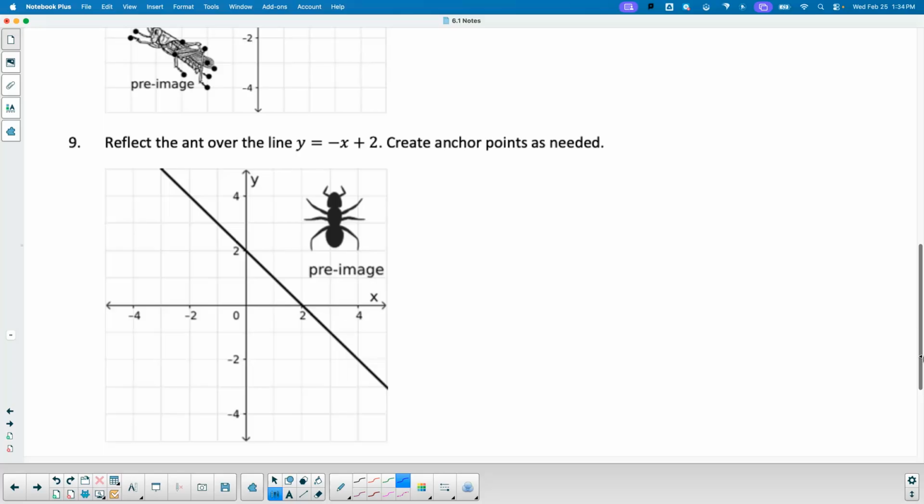So on number 9 here, instead of reflecting the ant, just pick the 4 corners of the ant and reflect that over the line. Then if you want to draw the ant in after that, then you can. But reflect the corners of the ant first, and then just do it. Okay? Good time.